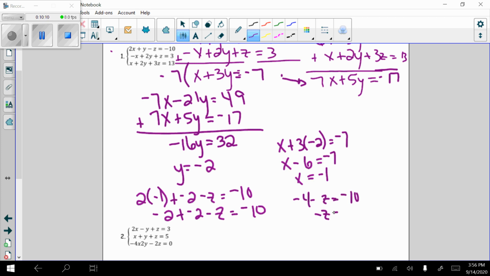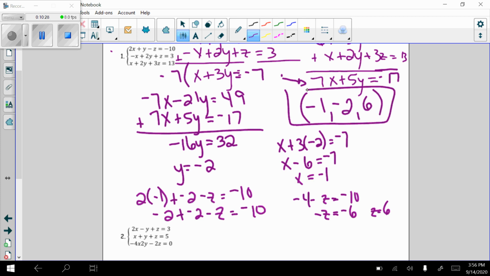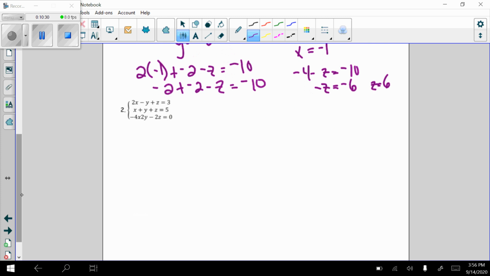Add 4. Negative z equals negative 6. Divide, z equals 6. So now my ordered pair, I go in alphabetical order, x, y, and z. So x was negative 1, y negative 2, z 6. There's our answer. Let's do another one of those.